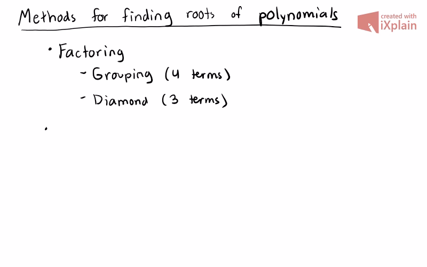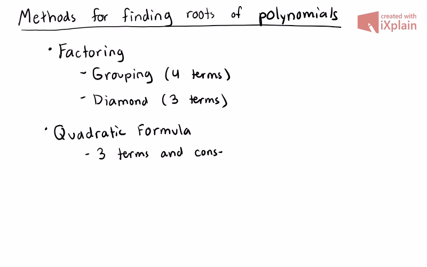If your polynomial doesn't factor, which most of them won't, then the next thing that you can check real quickly is see, can I use the quadratic formula? The quadratic formula only applies in very specific cases, and that's for any trinomial, so anything with 3 terms, that has consecutive exponents.